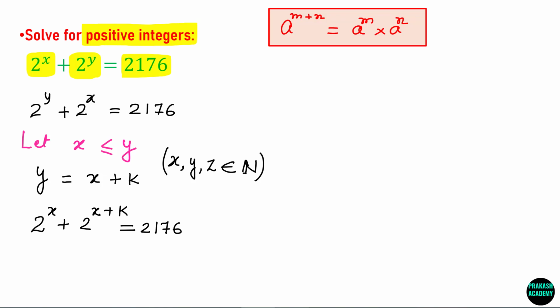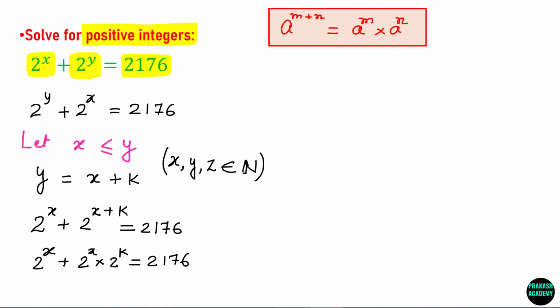So I will use this formula. Then this becomes 2 raised to the power x plus 2 raised to the power x times 2 raised to the power k is equal to 2176.